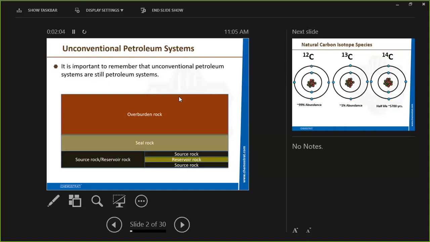Again, you start out with a source rock, which may also be a reservoir rock. Sometimes you may have interbedded source and reservoir rock. They're not always the same, although they may be physically very close together. You certainly need to have a seal rock to keep in the hydrocarbons, and we'll talk about that a fair amount. And you need, obviously, overburden to generate the thermal maturity that you'd like to expect.